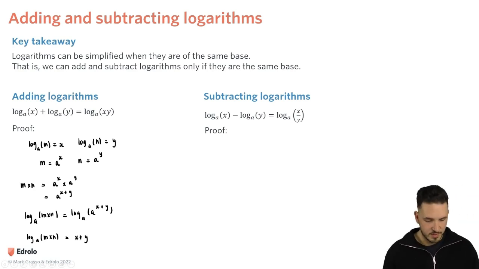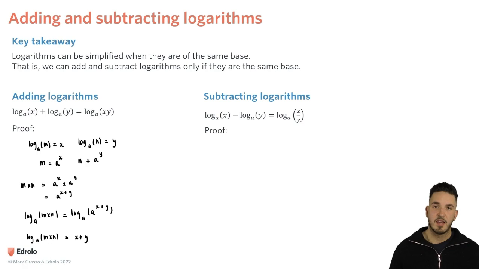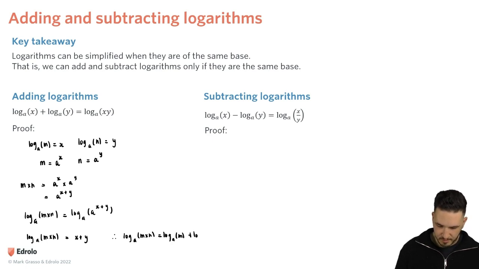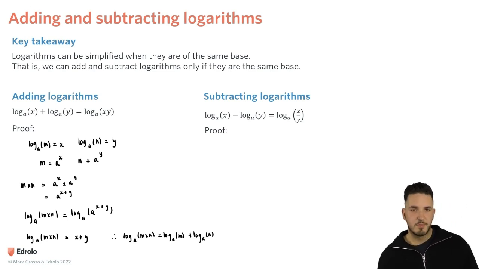And we can recall from the start we said x was equal to log a of m and y is equal to log a of n. So therefore we can conclude that log a of m times n is equal to log a of m plus log a of n. So there's our proof of that particular property.